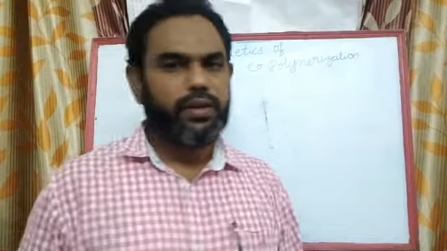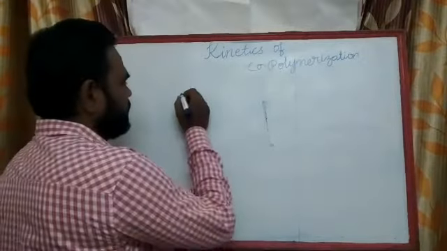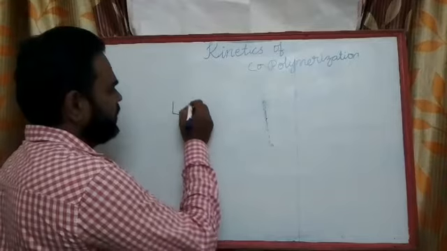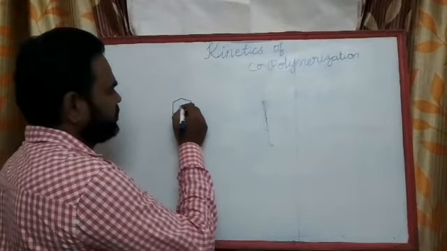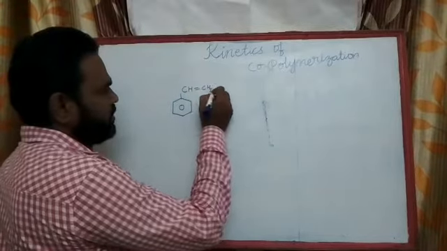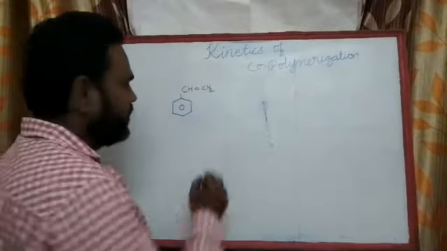Say, for example, styrene, CH double bond CH2. This is one monomer.